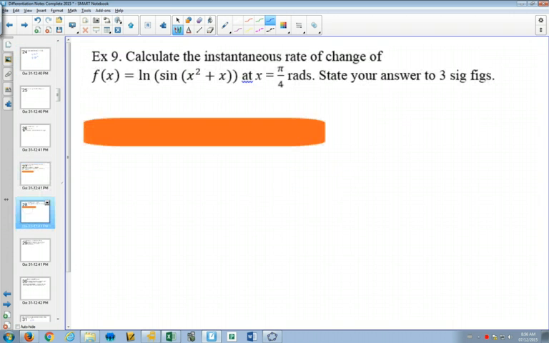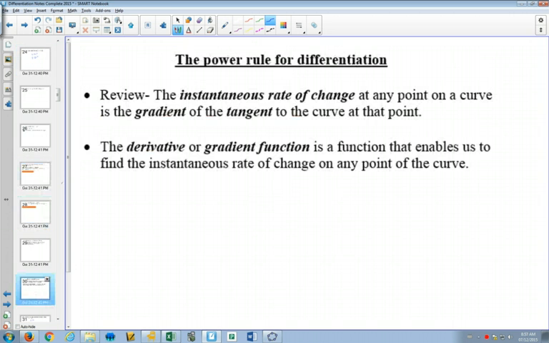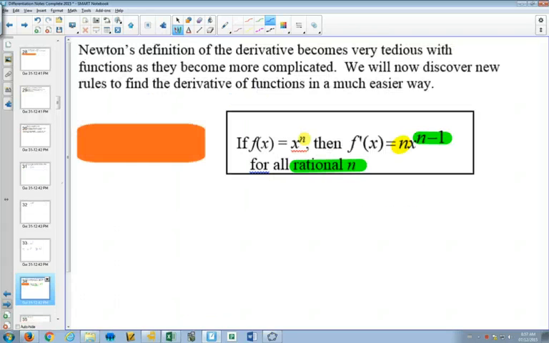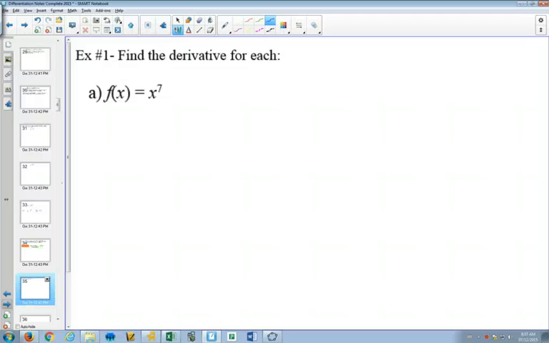All right, so where were we? Power rule, these ones. So now we have x to the 7. The derivative will be, exponent comes out in front, 7x to the 6.